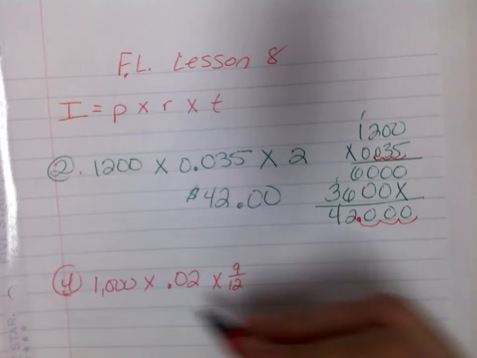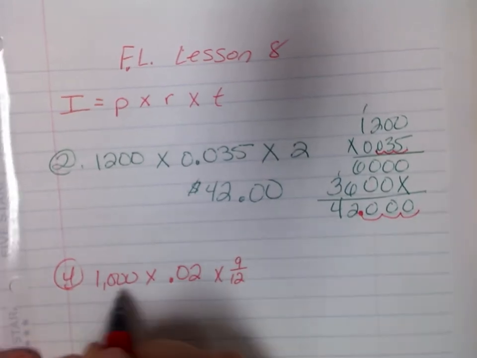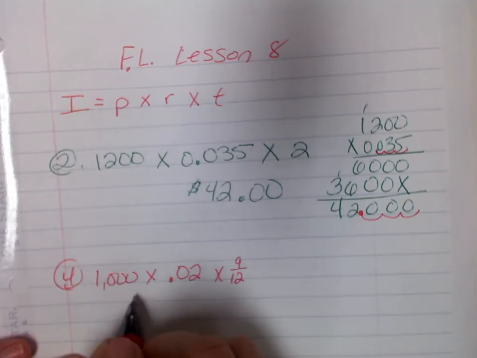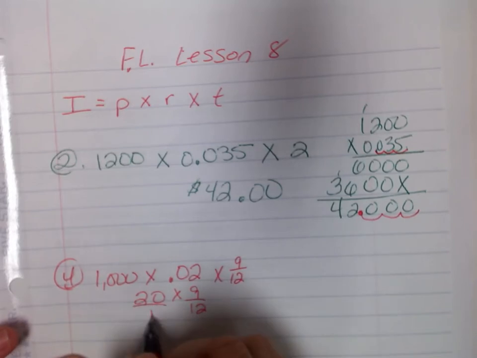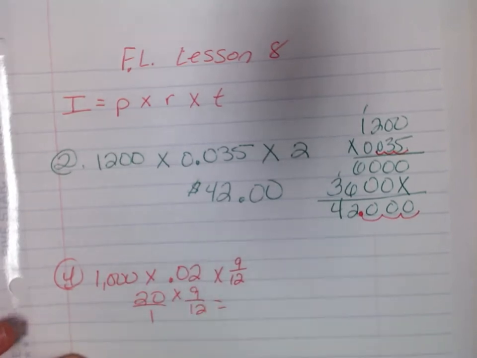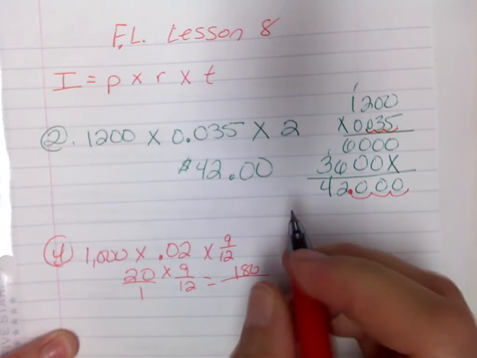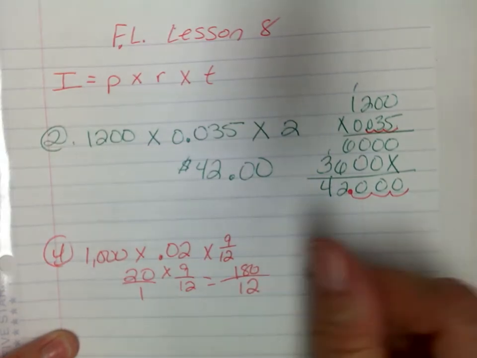Okay, there is another way to do it, but I'm going to show you this way first. So 1,000 times the 0.02, show your math, but you're going to get 20 over 9 twelfths. Then you're going to multiply your fraction straight across. You should get 180 over 12.